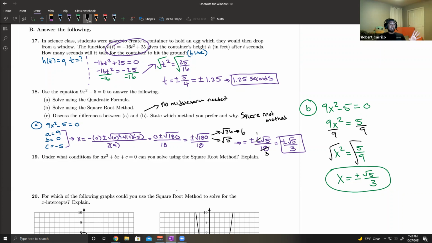Just like I said in 18, in order to use the square root method, you don't need a what? A b value, a middle term. So the only condition is if b equals what number? 0. That's it. In order to use the square root method, b has to equal 0.